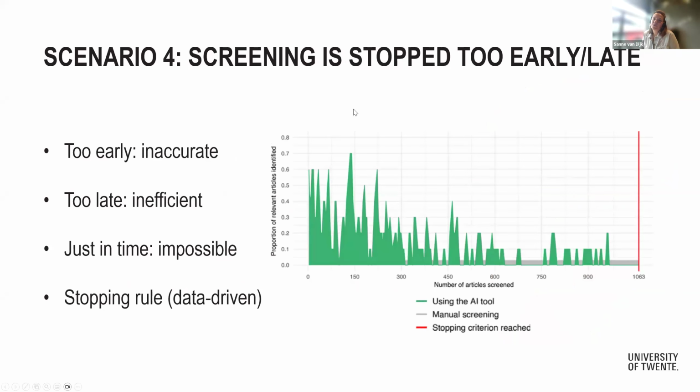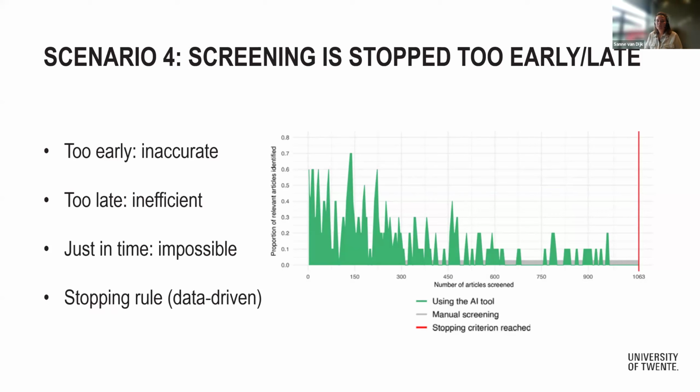So the fourth scenario that we identified is that the screening is stopped either too early, so then you will miss a lot of articles, or too late, and then you are screening through a lot of irrelevant articles and being less efficient than you would want to. And screening just in time, exactly after your last relevant article is found, is impossible.